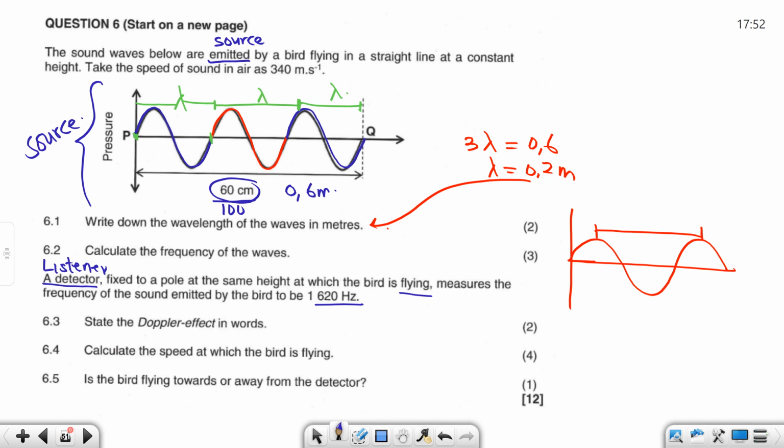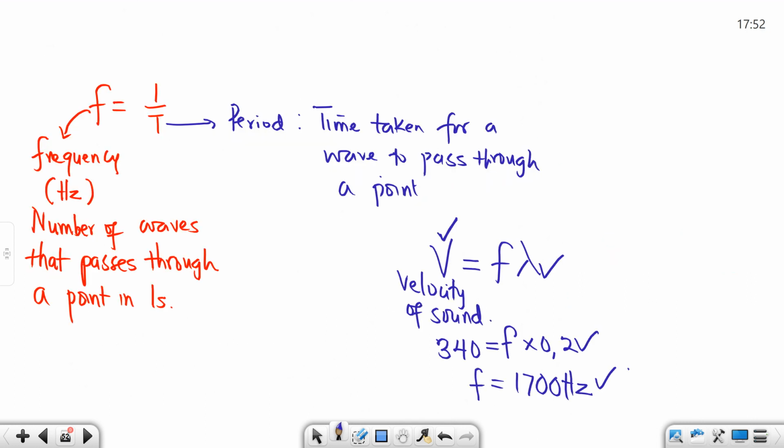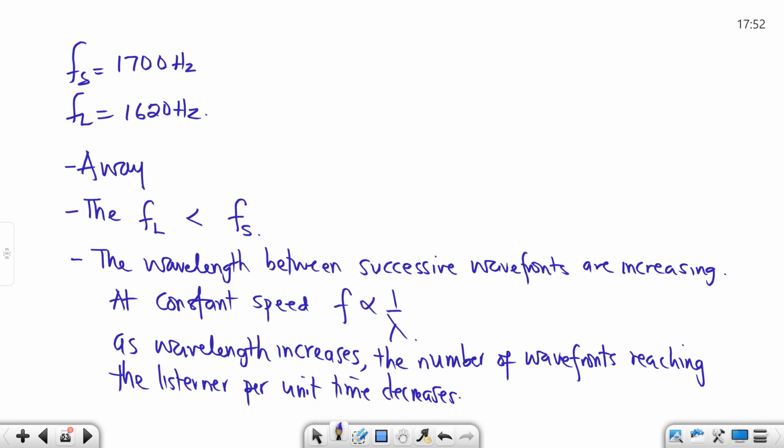A detector. So the listener is what? Stationary. The listener is stationary and the bird is flying. So it's still away. Because once we mess that up, there's a problem.